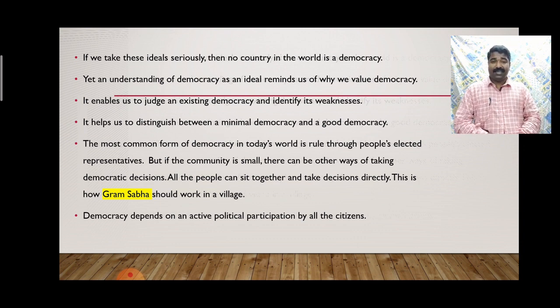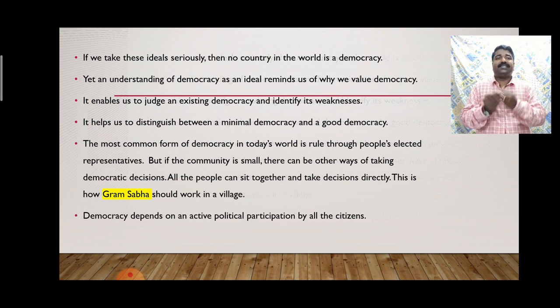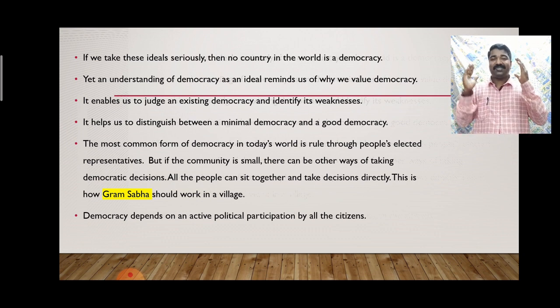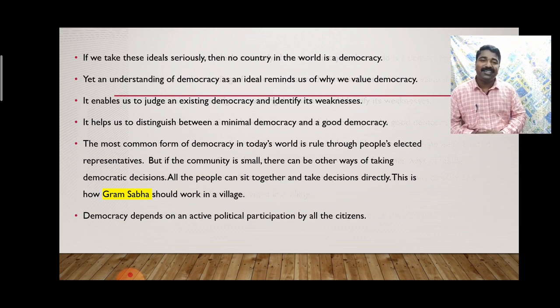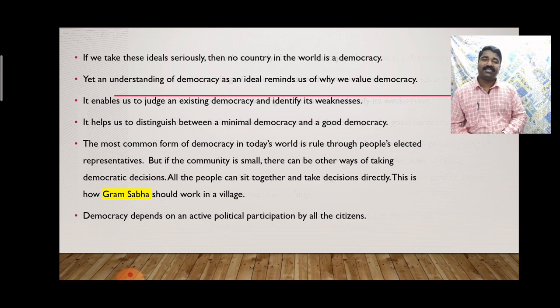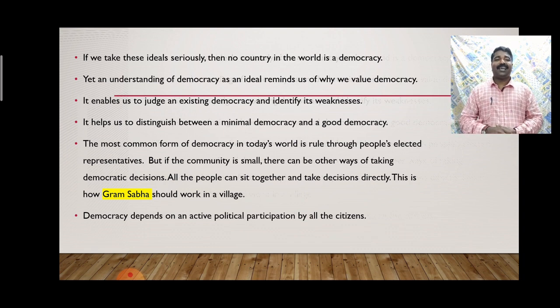Yet, an understanding of democracy as an ideal reminds us why we value democracy. Why do you give value to democracy? Because of its ideals. Its ideals remind us why we value democracy. It enables us to judge an existing democracy and identify its weaknesses.